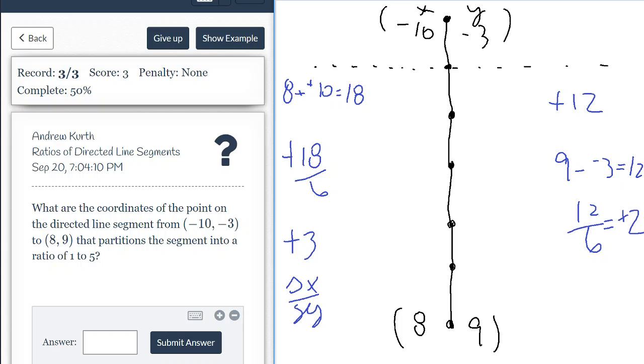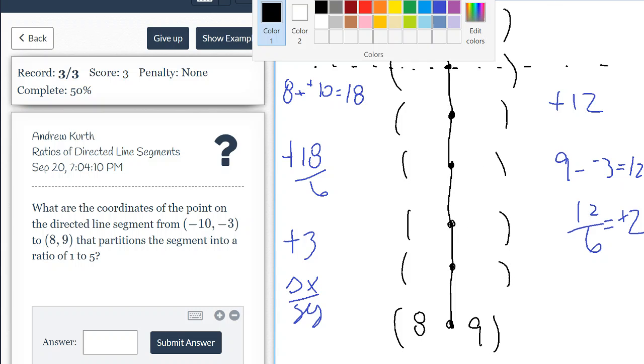So I'm going to do all of the coordinates, but in this problem, you'll see that you would not have to actually do all of the coordinates because you already realized that this point is the one that will divide you so that you have 1 to 5. But I'm going to put the other coordinates in anyway so that you can keep watching and see how we know that we're correct.